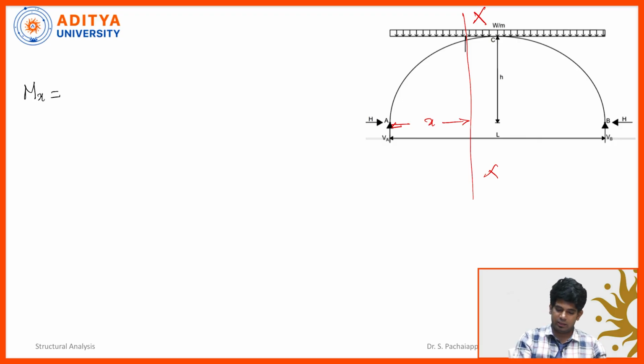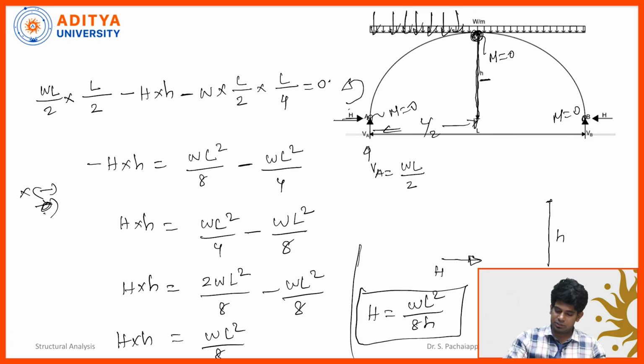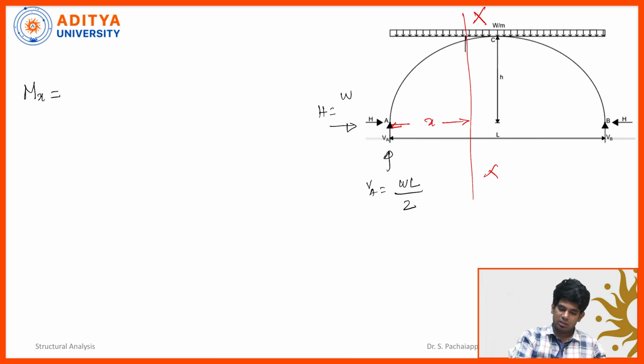I am going to calculate it equal to, writing down all the values. We know VA is equal to WL by 2. Then we calculated the horizontal thrust. The horizontal thrust is WL square divided by 8 times h.